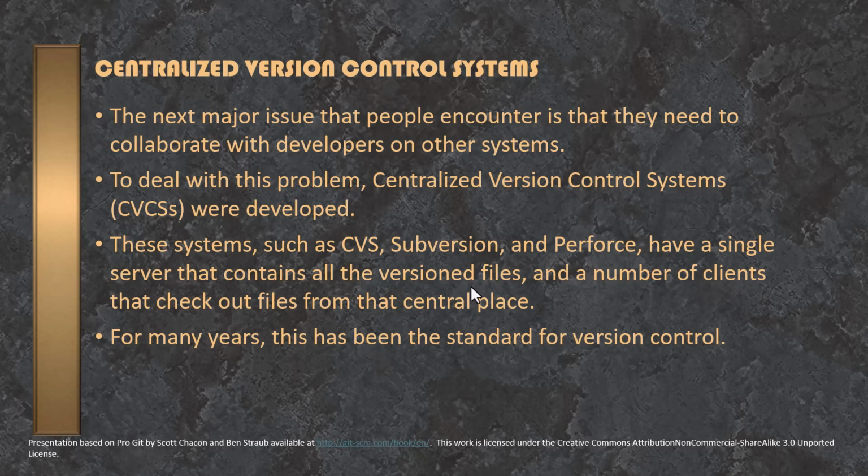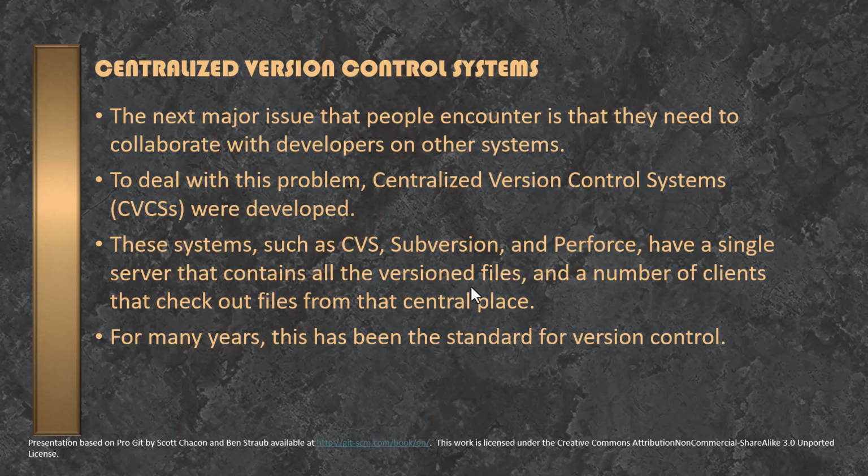And basically, this becomes necessary when you have multiple people working on the same project. Without version control, you have a lot of overhead managing which file you're working on, and only one person maybe can check out a file at a time, and it becomes difficult to manage a team that way.